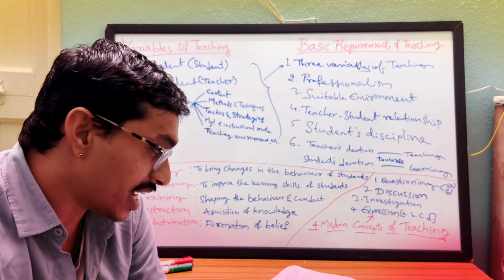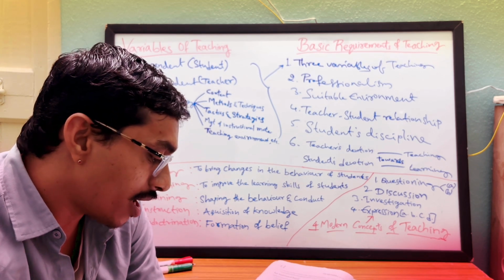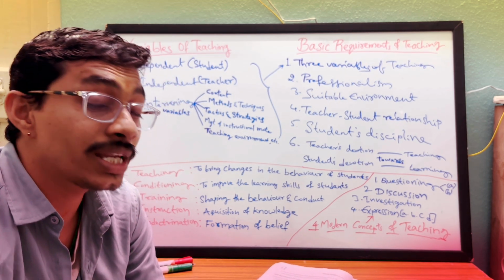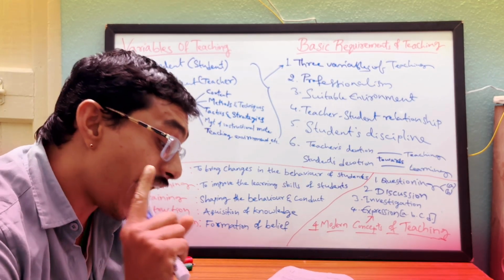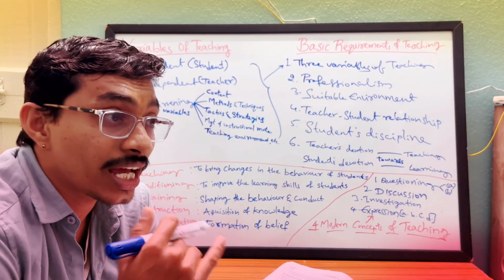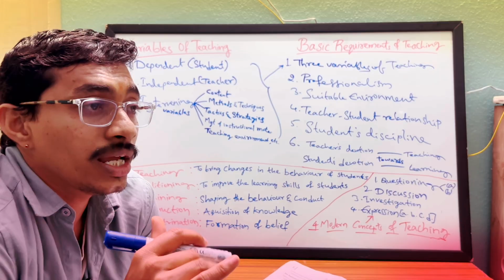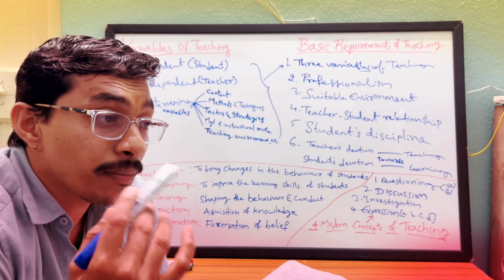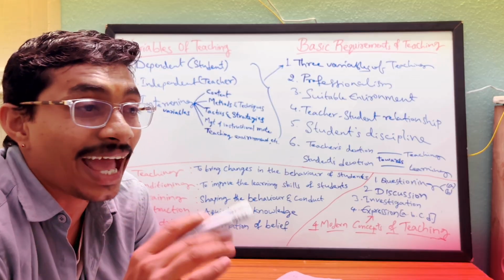Next, environment. Under environment, the important points are, the learner's growth and all-round development are the main objectives of teaching. So here they are telling what the main objectives of teaching are. One is learner's growth, that means student growth, and all-round development. Students' growth and all-round, not only in academics, but non-academic, cultural activities, everything, sports and all. So overall development of the students at emotional level, at social level, academic level.